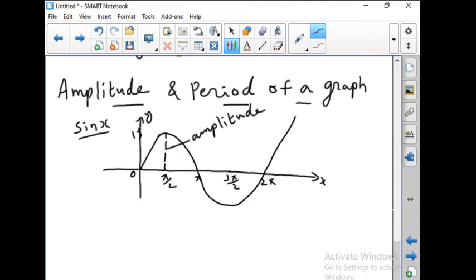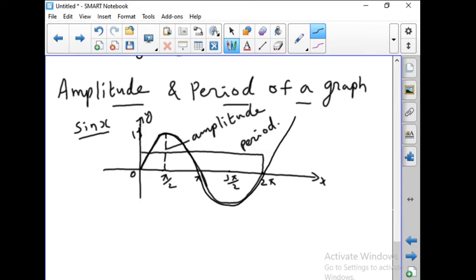And what about the period? To complete one full rotation, it takes from 0 to 2 pi. This 0 to 2 pi is called one period. So how is it defined?